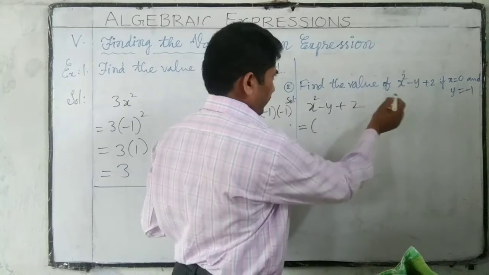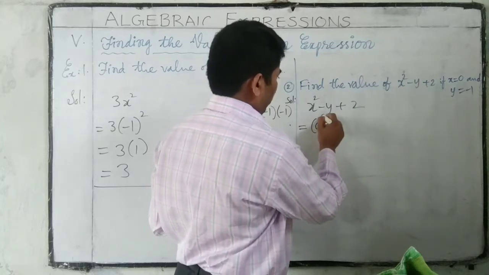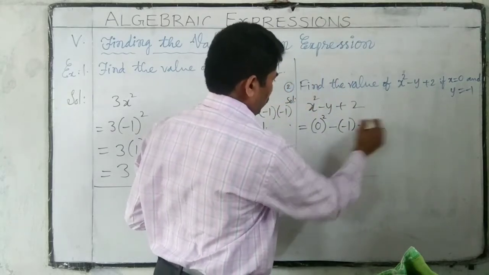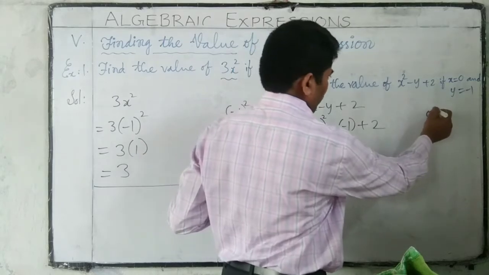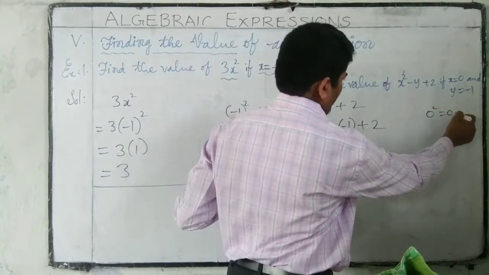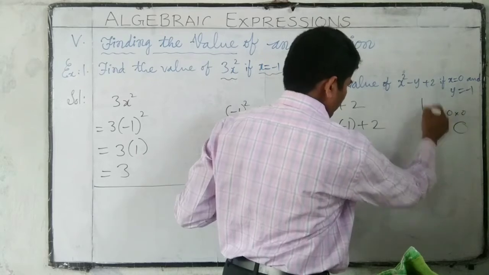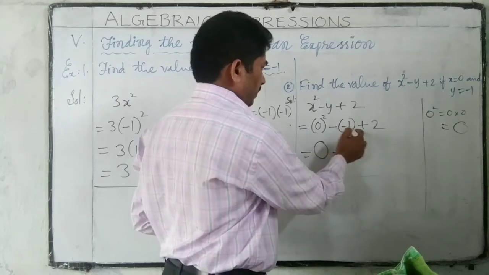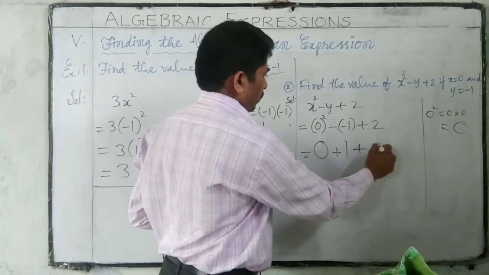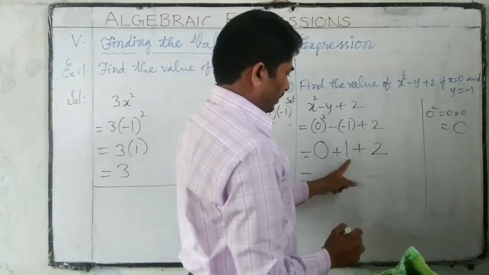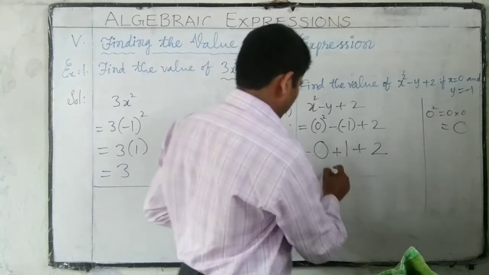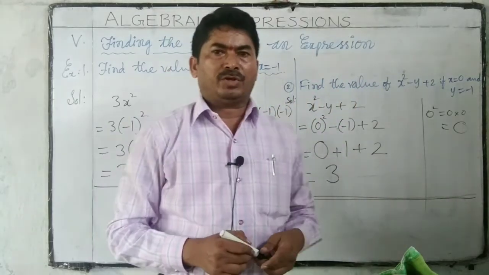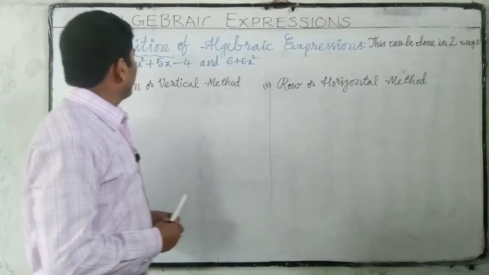In place of x we substitute 0, and in place of y we substitute minus 1, plus 2. 0 square is equal to 0 into 0, which is 0. Minus into minus is plus 1, plus 2. 0 plus 1 is 1, 1 plus 2 is 3. This is the method of finding the value.